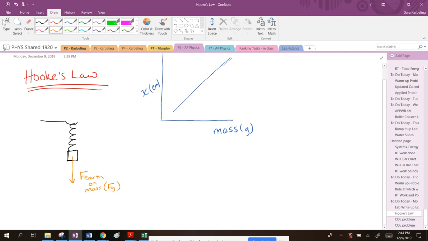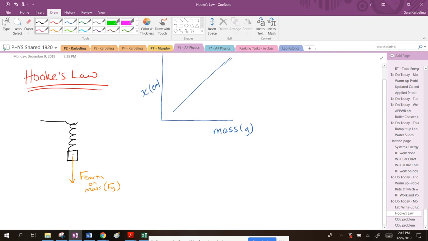Any other forces acting on the mass? The force of tension. So I'm not going to call it tension quite, but it's essentially like a tension force, but I'm just going to call it the spring. Is that okay? That the spring is actually applying a force? Which way is the spring applying a force? Upwards.